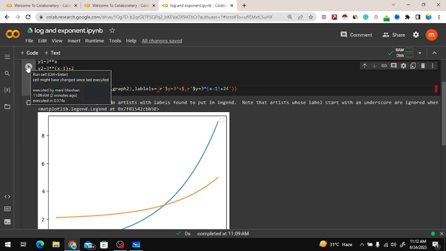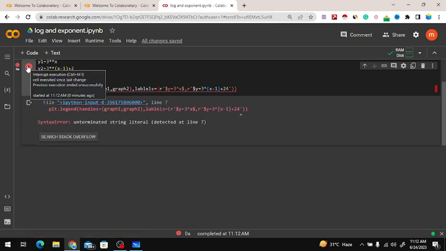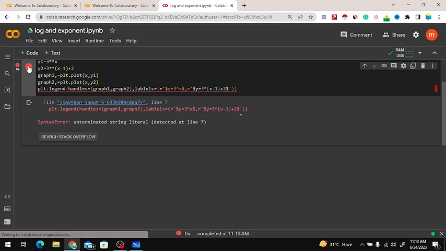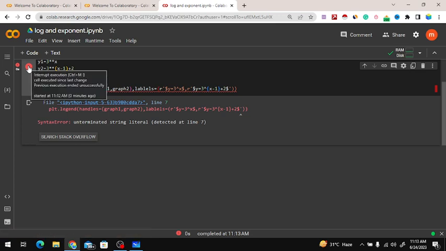Now it's working and not working. Yeah, but I am getting some problem. It's not 24, it's $2. Again I have gotten the same problem: it's $2, line 7, terminated string literal.